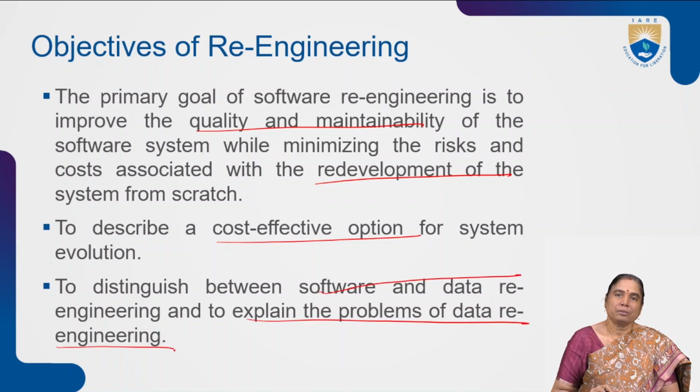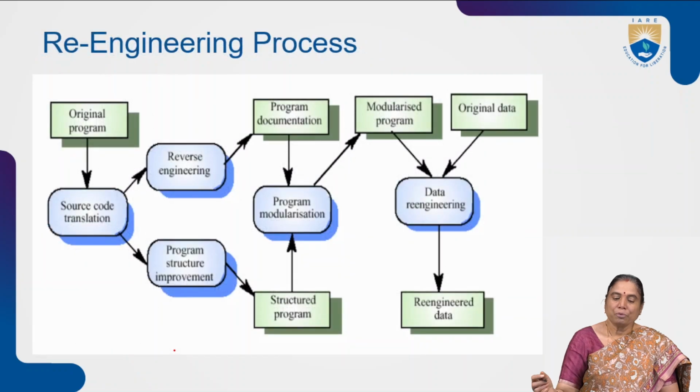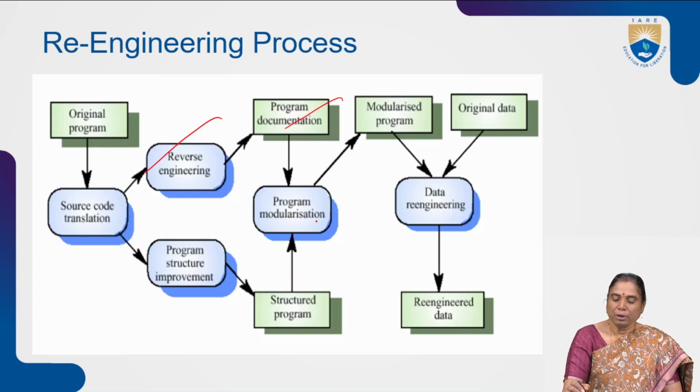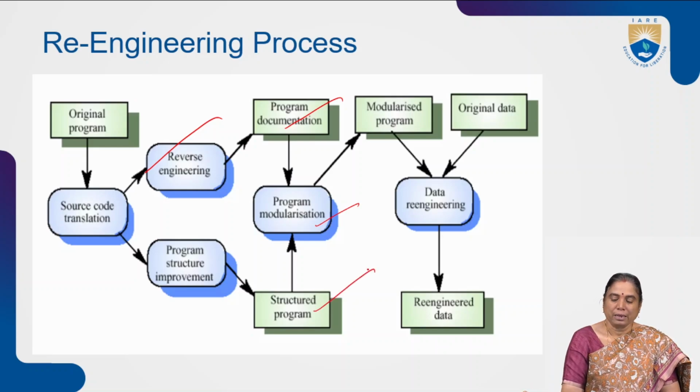The aims are to describe a cost-effective option for system evolution, distinguish between software and data re-engineering, and explain the problems of data re-engineering. In the re-engineering process, the source code of the original program is considered for reverse engineering, so program documentation, program modularization and program structure must be considered.